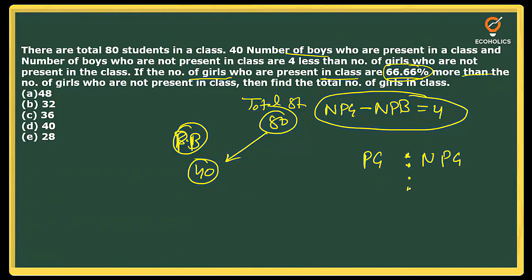So what is 66%, guys? 1 by 6, sorry, 2 by 3. So if these are 3, these will be 5. So present girls are, let's say, 5x, and this will be 3x. Find out the total number of girls in the class.